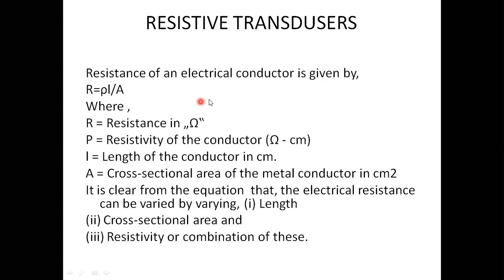Resistive transducer means a sensor or a transducer or element which converts one form of energy into another form of energy by using a resistive principle. If a sensor converts energy from one form to another by using resistance, by using resistive principle, then it is called a resistive transducer.